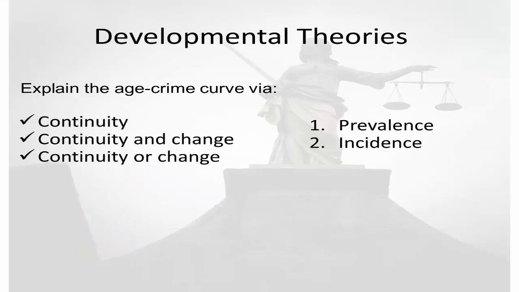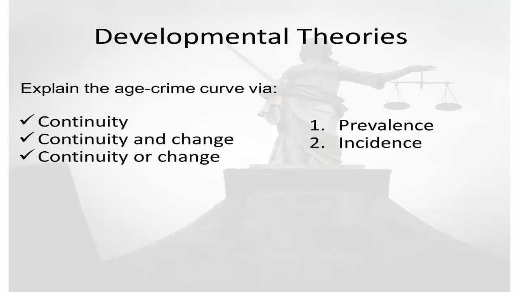So they describe the drop in the age crime curve as a result of prevalence. So fewer people begin to commit crime. Prevalence has to do with the amount of people committing crimes, and incidence has to do with the amount of crimes being committed.